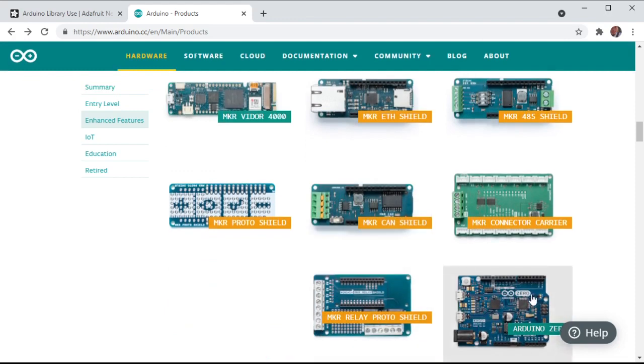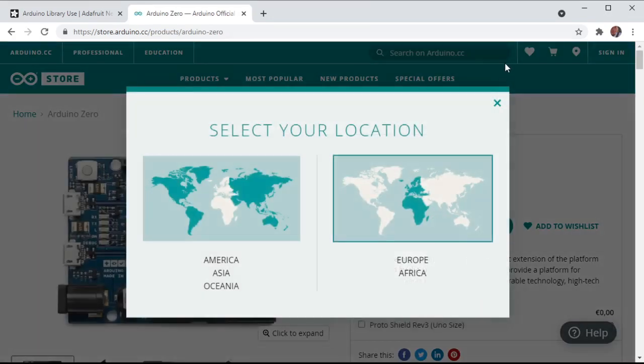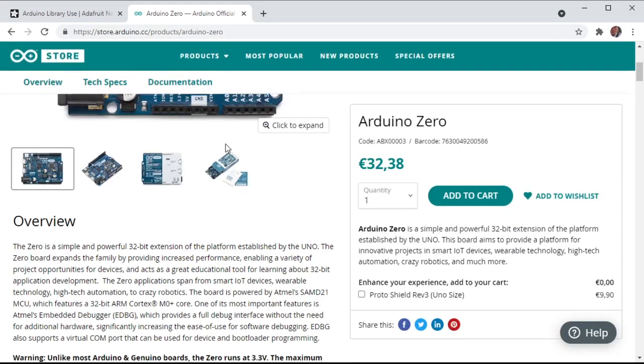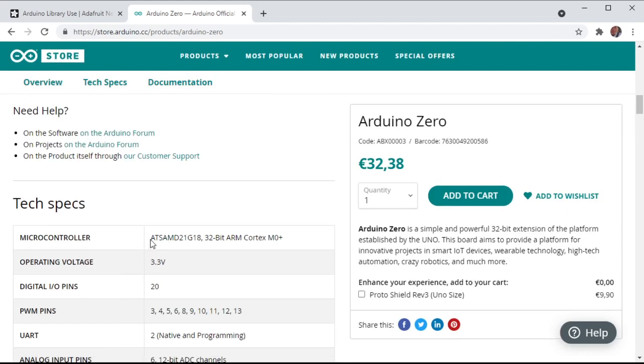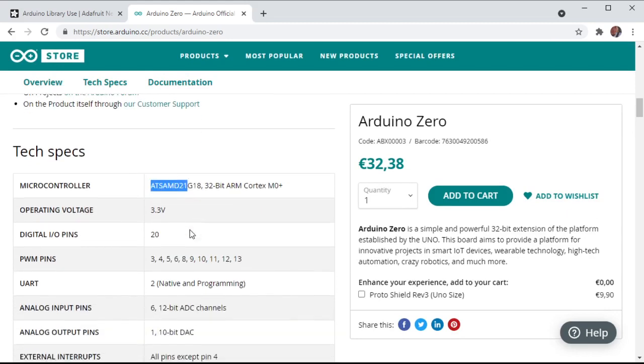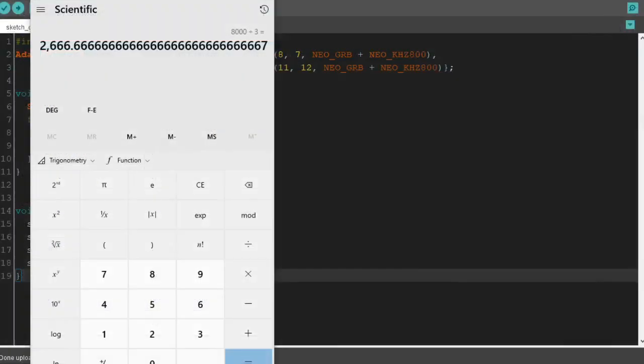Oh, there it is. Arduino Zero. So it's got the SAMD21 chip. Sweet little chip there. Very powerful. And whoa, that's a lot more memory there. Okay, let's take a look at that.